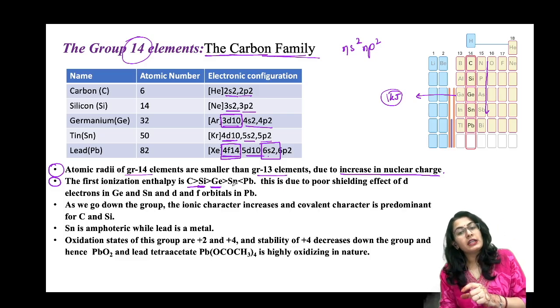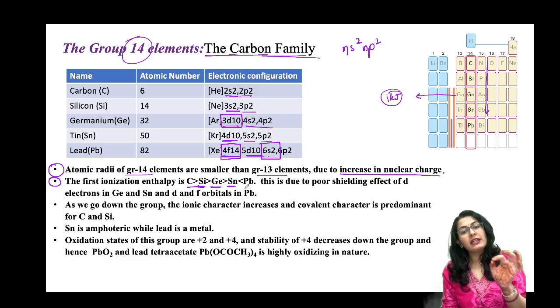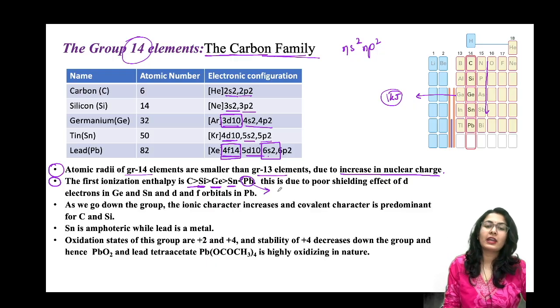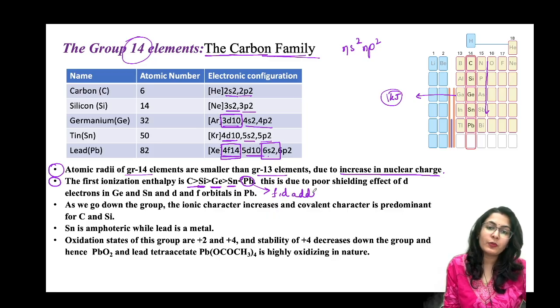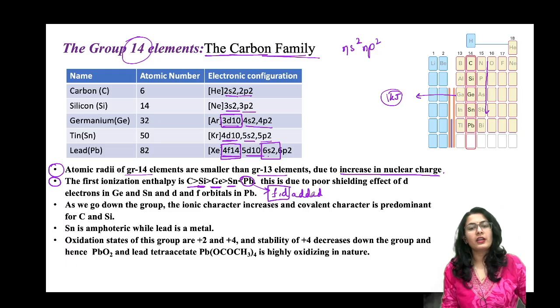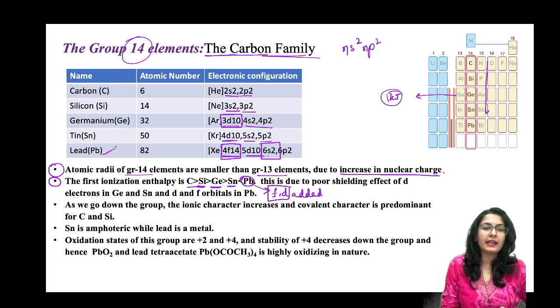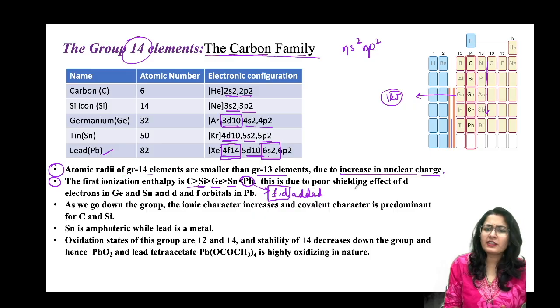Then we go to tin, which is okay, but tin has less than lead because lead has a bigger effect, because both the f and the d orbitals are added. So here you only have to remember the exception of lead. And all of this is just decreasing down the group. This is because of the poor shielding effect of d orbitals and f orbitals in lead.